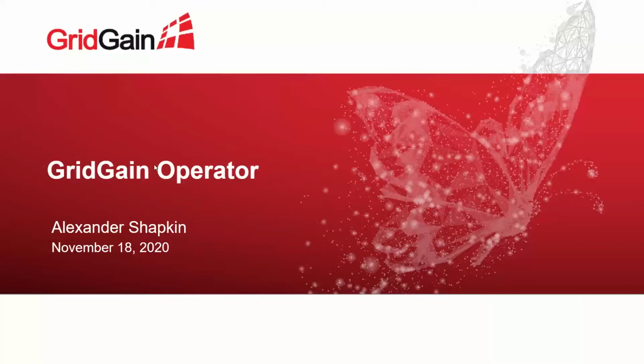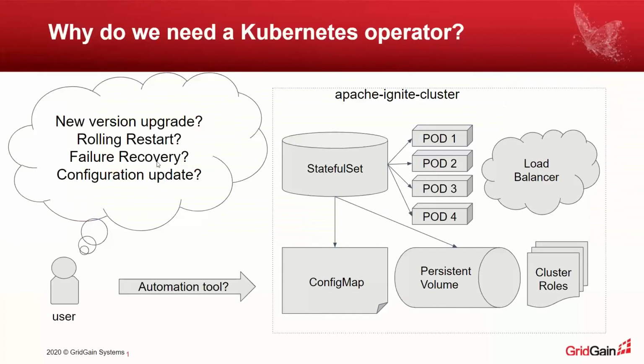And today I would like to talk about GridGain Operator, and we will see why you would ever need a GridGain Operator and what tasks could be solved with it. So the first question that we need to answer is why might we even need a Kubernetes operator?